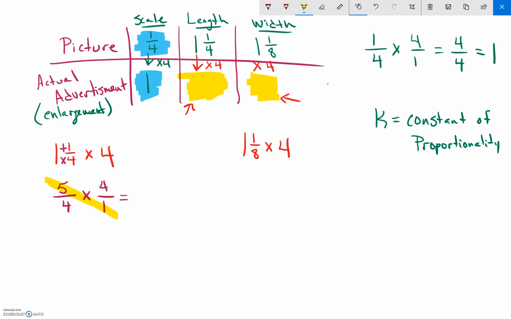You can't simplify 5 and 1, but you can simplify 4 and 4. Both are divisible by 4. 4 divided by 4 is 1. 4 divided by 4 is 1. 5 times 1 across the top is going to give you 5. 1 times 1 across the bottom, 1. 5 over 1 is 5. So our length is 5 inches.